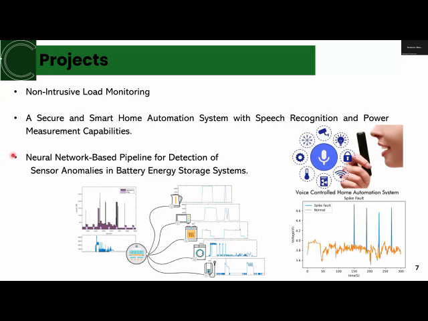Sensor anomaly detection means basically all the decisions in industry that we are making are based on sensor inputs. For example, if you want to control the temperature of a furnace or a certain place, a temperature sensor will be installed. The temperature sensor will record the temperature and give the value to the control system.